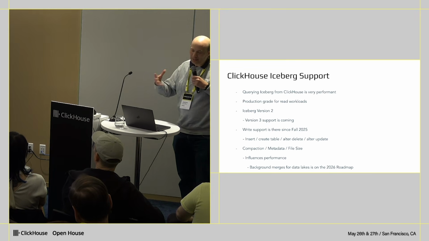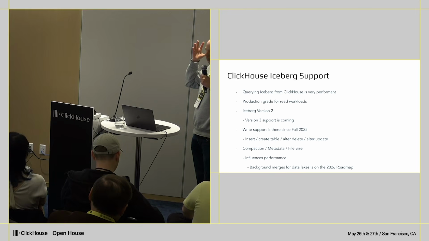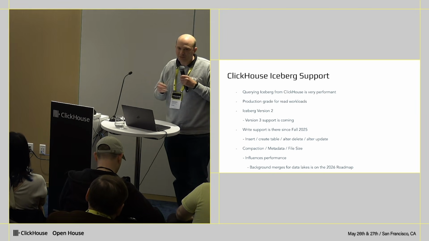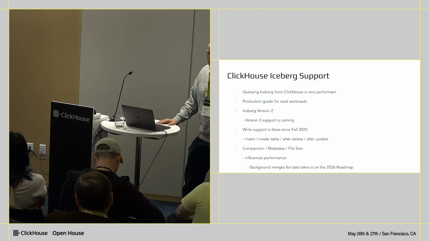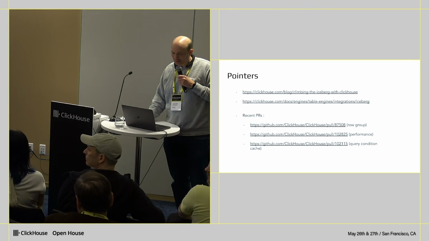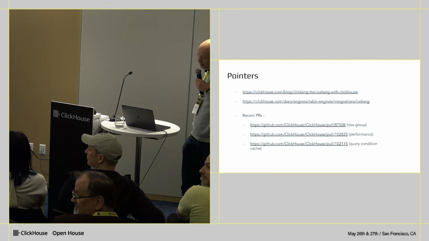So basically, in conclusion, what ClickHouse is doing in a single process today, we believe it can do in a distributed fashion over Iceberg. That's going to be fantastic because Iceberg is a standard that's adopted everywhere. So those are some pointers that we have on Iceberg.